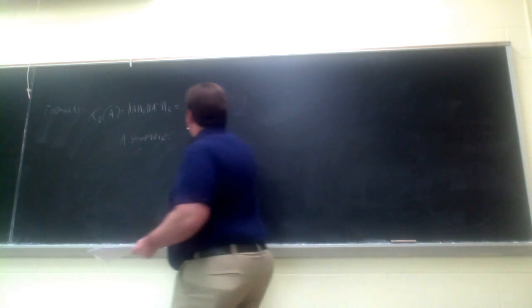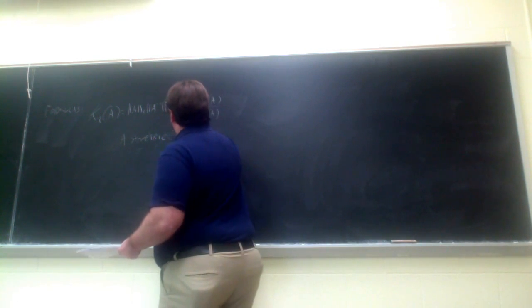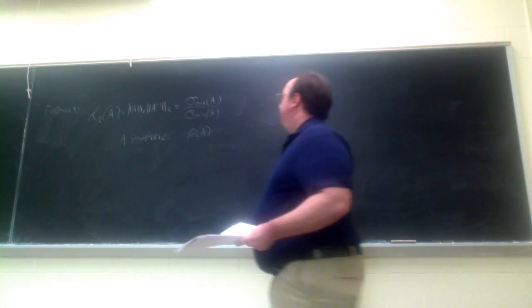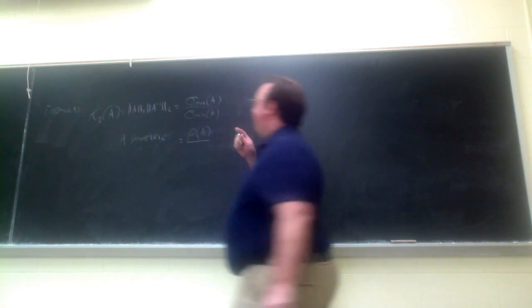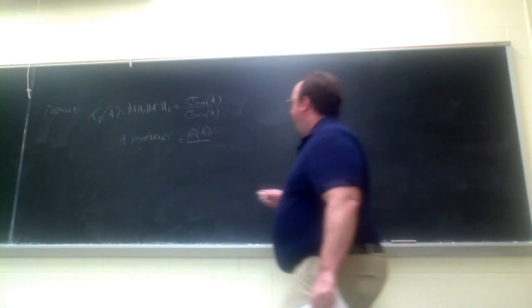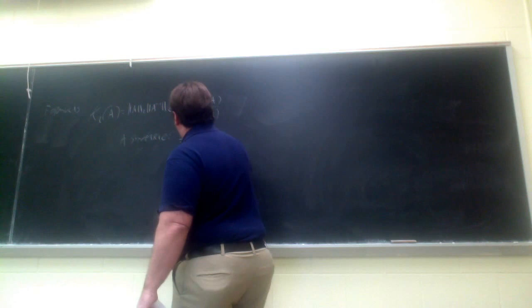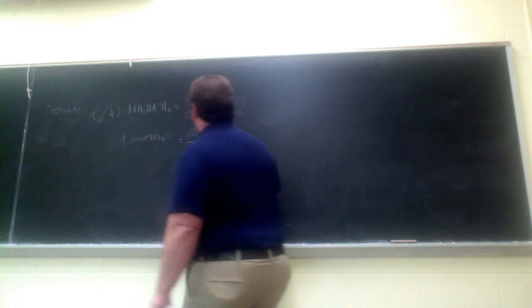So we can have the spectral radius of A, so it's still the 2 norm condition number, which is the absolute value of the largest eigenvalue, and then we have the minimum absolute value of all the eigenvalues in the denominator.